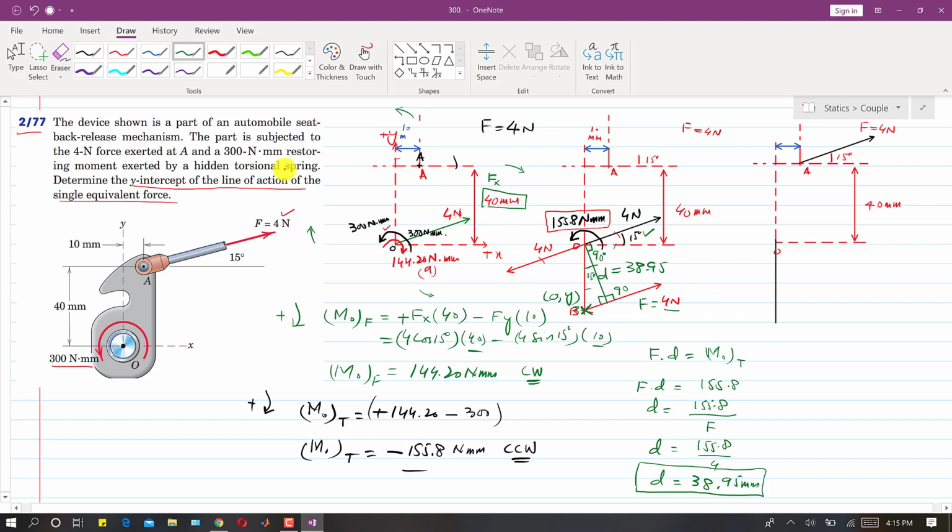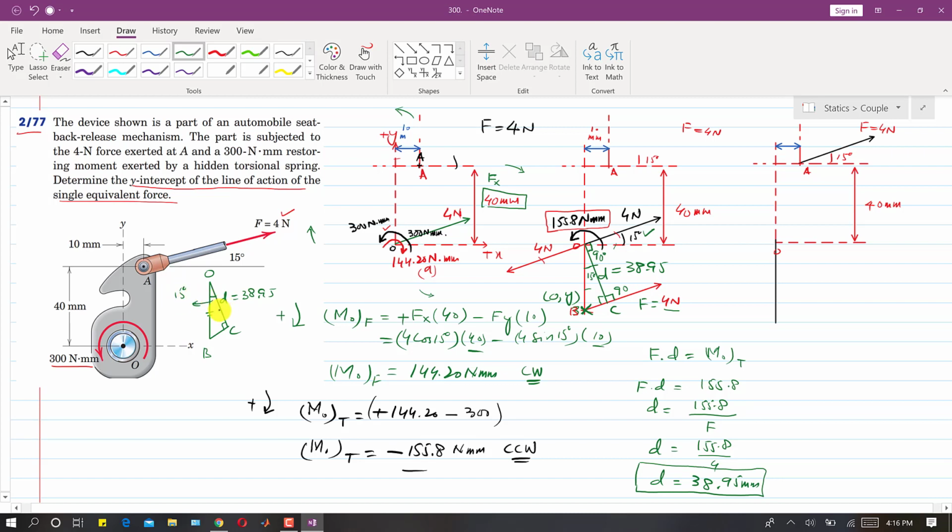If I draw that triangle here, this is O, B, and let's suppose this point is C. This is D, which is known, 38.95. We need to find this OB, and this is the 15 degrees.